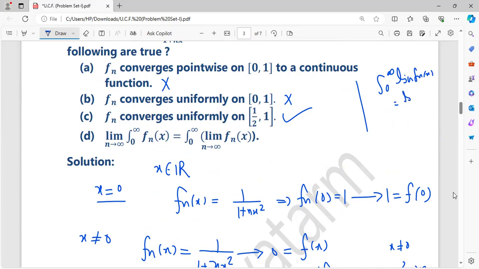This is the integral of f(x). f(x) is non-zero at only one point, so in that case its integral will be 0. If a function is non-zero at one point and 0 elsewhere, then the integral will obviously be 0. And what about this limit, the integral from 0 to infinity of f_n(x)? This will tend to infinity. You can check. So this option is not correct. And when n tends to infinity, it will also tend to infinity. So this option will not be correct. Option number C is correct.